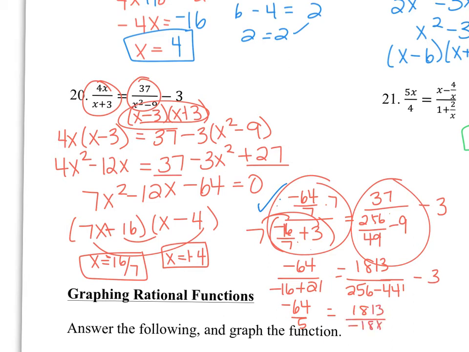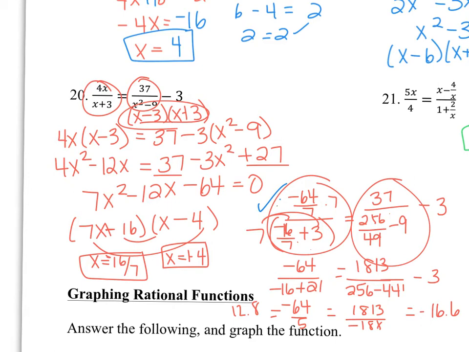So if I try dividing that, 8,113 divided by 185 is 9.8. Minus 3, oh, that's negative. So negative 9.8 minus 3, that's negative 16.6. And if I just convert 64 divided by 5, that's 12.8.